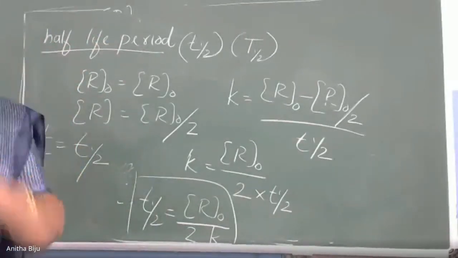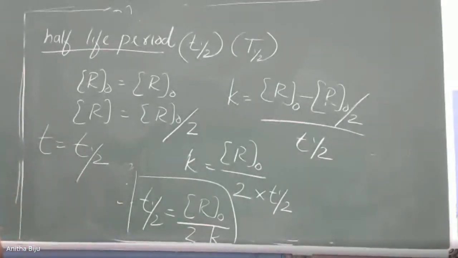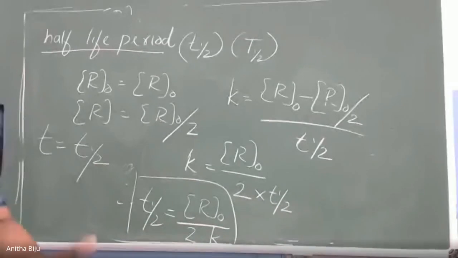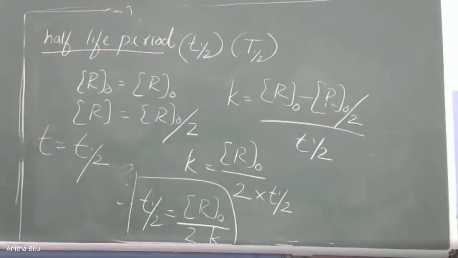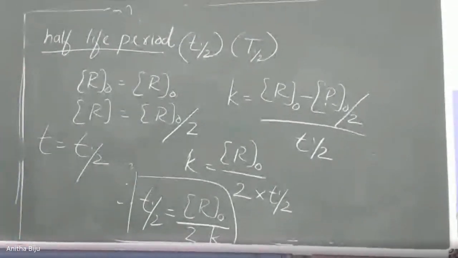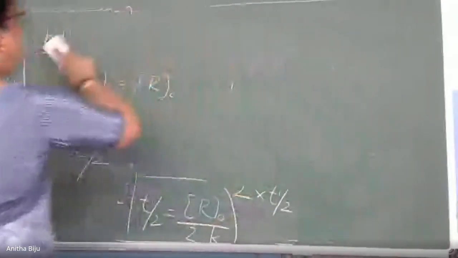Now the most important part: which examples can we put in the case of a zero-order reaction? I will give two examples. The first is the decomposition of ammonia on the surface of platinum at high temperature.